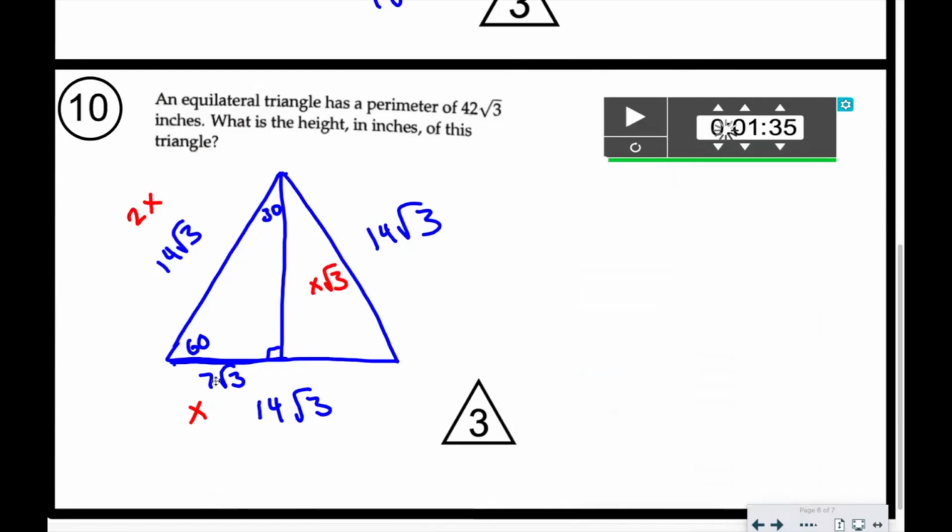Well, what I want to do is find the height, which is this x root 3, and x is 7 root 3. So I'm going to multiply 7 root 3 by root 3. It looks a little strange, but root 3 times root 3 is 3, and 3 times 7 is 21. So the height of our triangle is going to be 21.